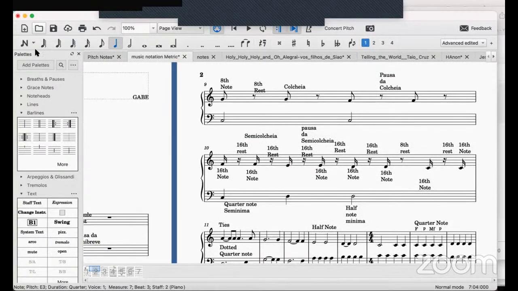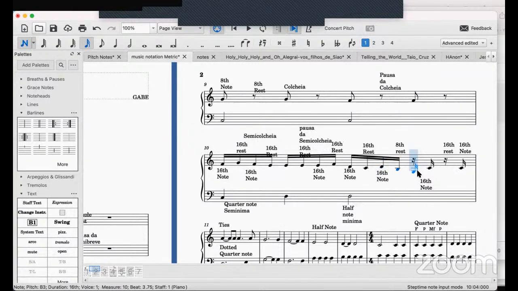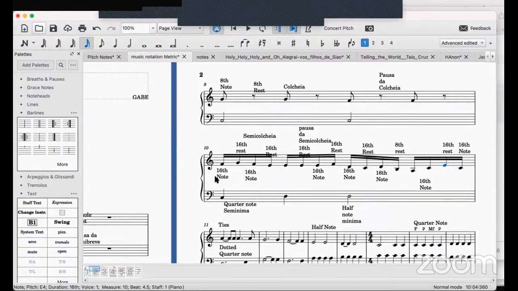Let's add all the 16ths here without the rest. I just put random pitch notes here, okay? It's just for the sake of the rhythm. Ta ta ta ta ta ta ta ta.